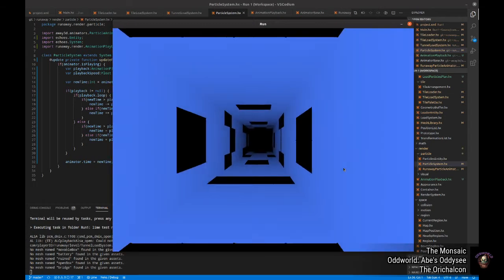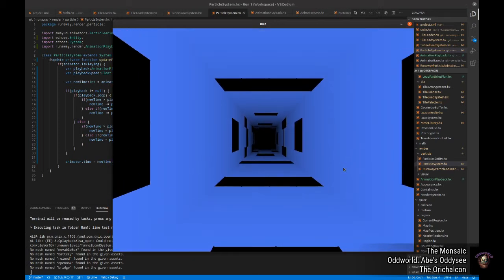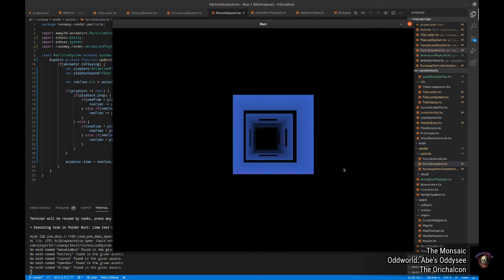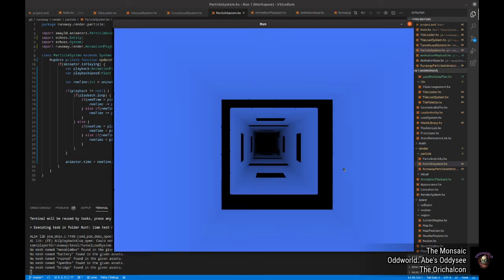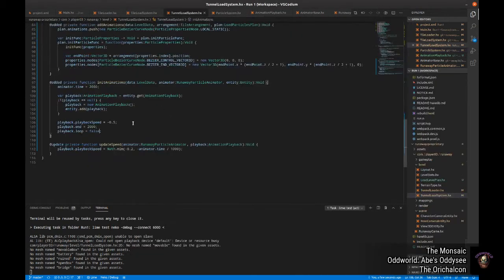Okay, I set it to stop looping, and it had already finished the first animation. Or something. Or maybe that didn't even take effect.